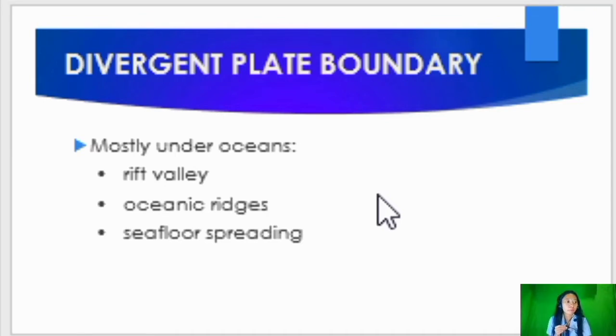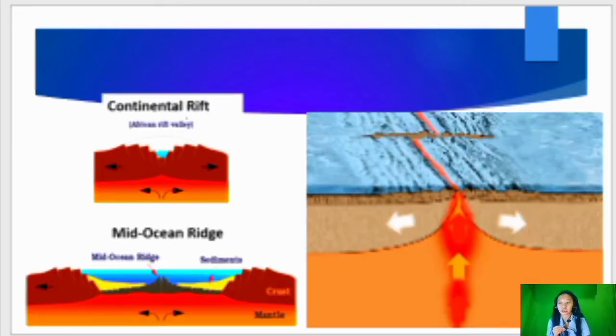Divergent boundaries mostly happen under oceans, and the possible events that may happen in this plate boundary are rift valley, oceanic ridges, and seafloor spreading. To understand how these events happen, I have a picture here.